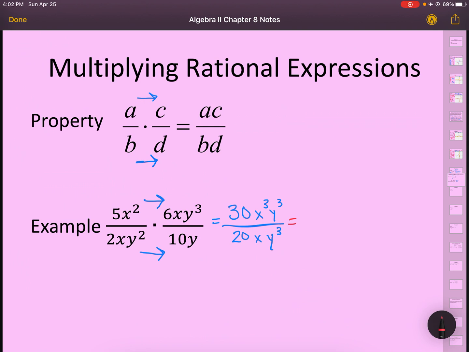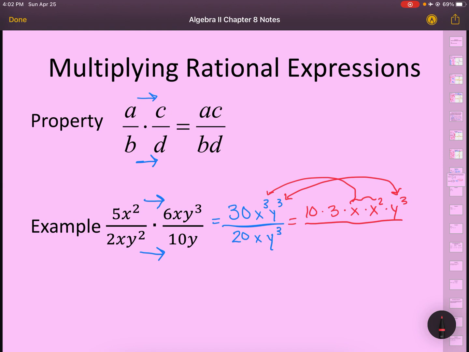So 30 is just 10 times 3, and I have 3 x's up top and an x in the bottom, so I can only cancel out one x because that's what they have in common. So I'm going to split apart the x's here, so x and x squared, because I originally had 3. Then I'm going to split apart my y, but they both have 3's, so I'm just going to keep it as y to the third. Okay, so there's the new numerator.